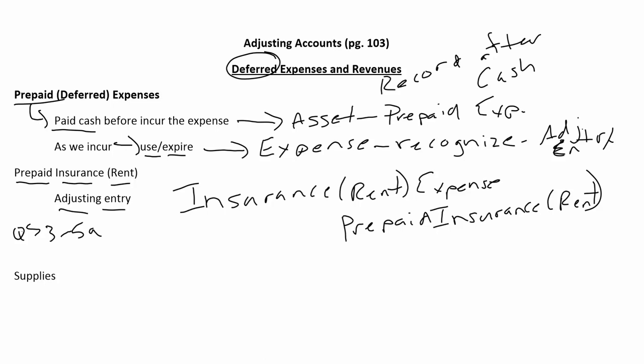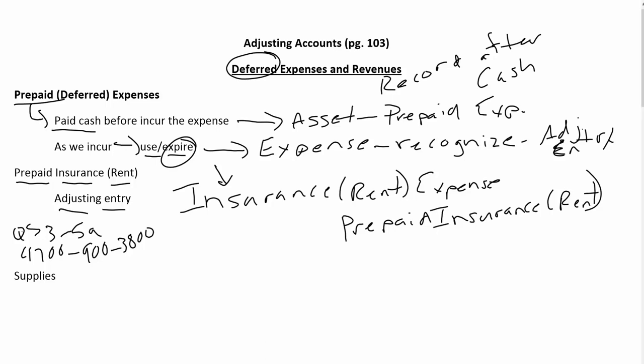Remember, this adjusting entry is going to recognize how much has expired. And so they tell us that if we started with $4,700 and we have $900 that hasn't expired, so $4,700 minus the unexpired $900, that means that $3,800 has expired. So we would do that entry for $3,800. We would debit insurance expense and we would credit prepaid insurance.